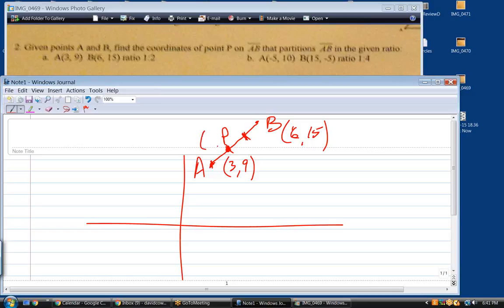Would it be 6 plus 3 divided by 3? Well, 6 plus 3 divided by 3 is 3. So that gives you the same x coordinate as A, which can't be right. This would be 4, 5, 6, right? So the x coordinate of P has to be 4.